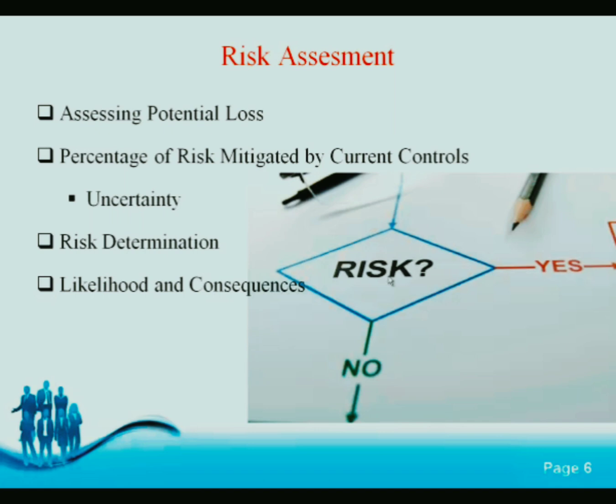And we categorize the threats as high, medium, low, or we put them in some order so that we know this is the most dangerous, this is the least, this is the normal. In this way we represent the threats that are involved.